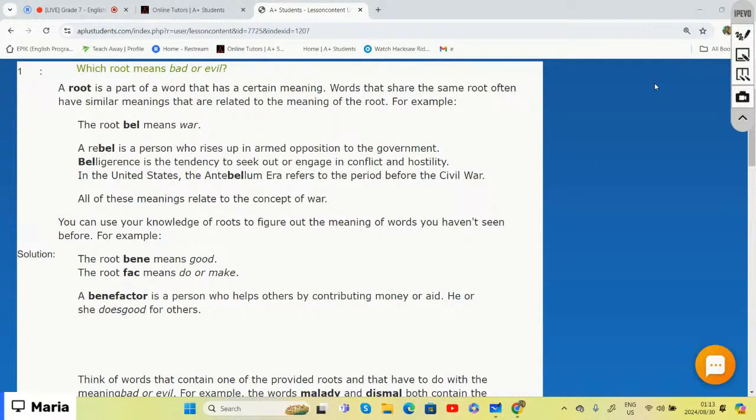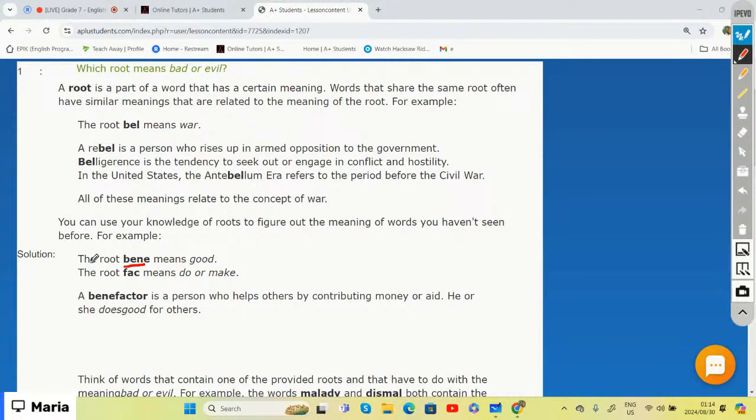For example, the root word bene means good, and we also have the root word fec, which means to do or make.